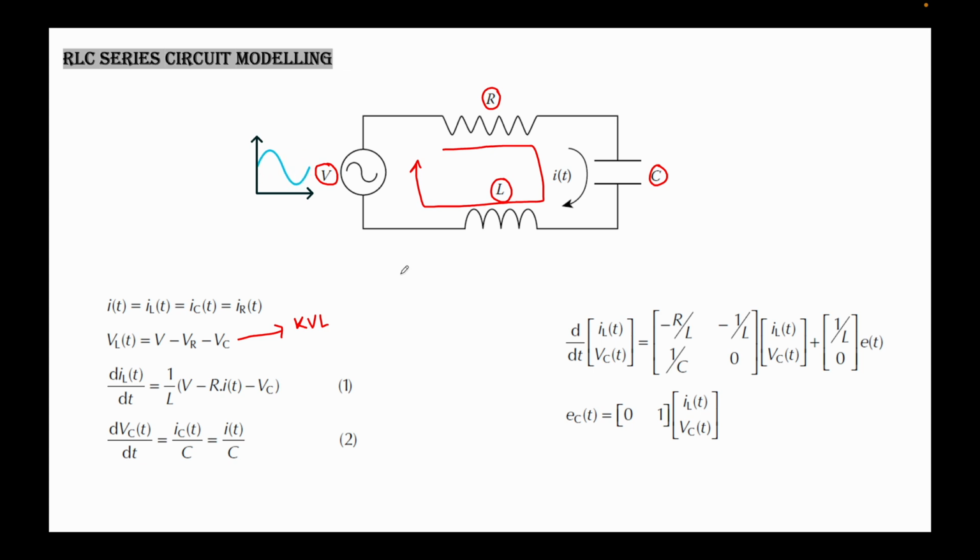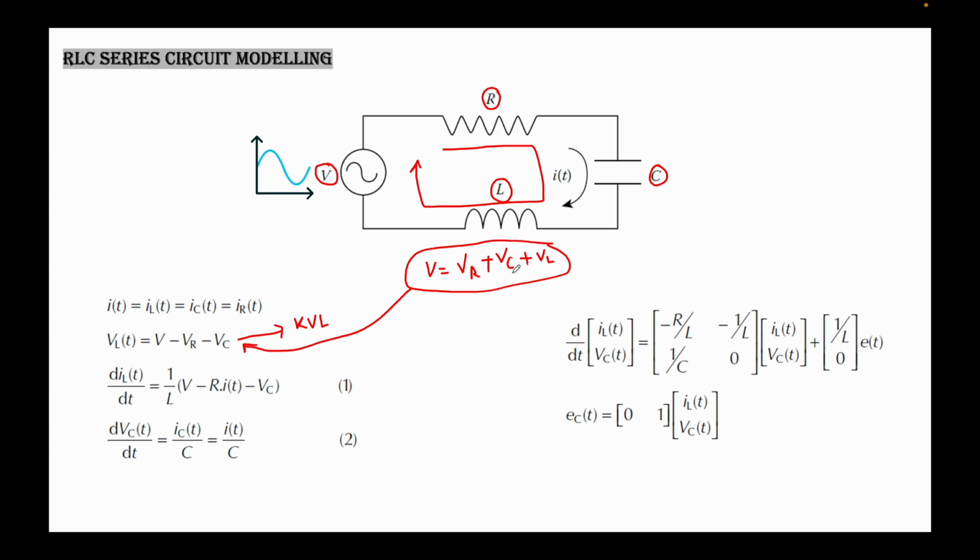It is equal to the voltage across the resistor plus the voltage across the capacitor plus the voltage across the inductor, and that should be equal to the source voltage. So this is the one that we will be getting, and from this we can derive this particular equation.